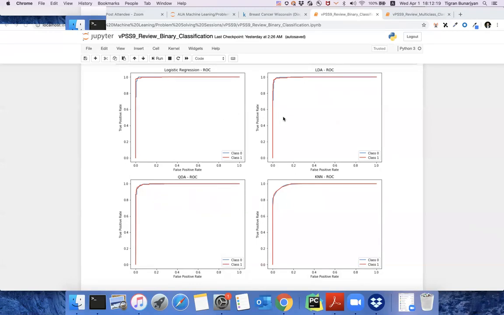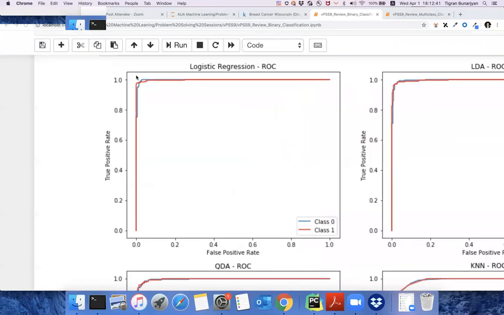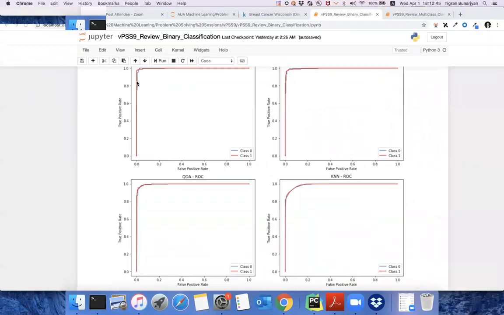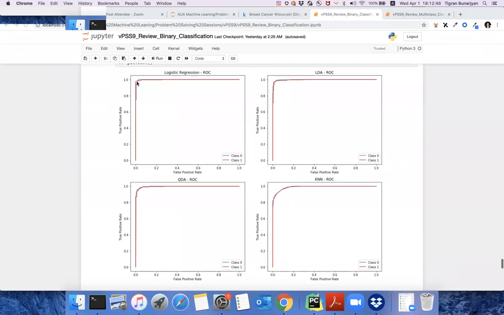And although we have good and acceptable forms of ROC curves for all of the classifiers in here, the one providing the maximum accuracy was the logistic regression, because as the angle in here is sharper, we have the area under the curve maximized.